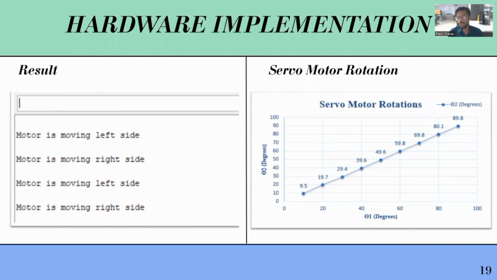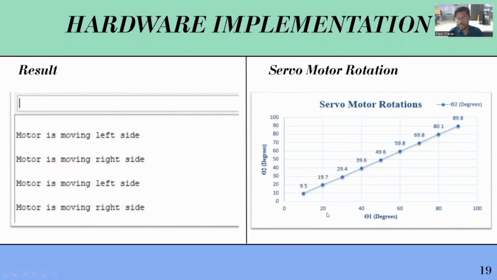provide a signal to the servo motor of different degrees. Like here you are shown that when we give an input of 10 degrees, the servo motor will move 9.5 degrees. Here theta 1 is the input degree that we are providing, and theta 2 is the output degree that the servo motor rotates. If we give 10 degrees input, the servo motor rotates up to 9.5 degrees.